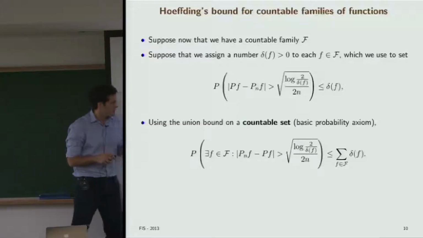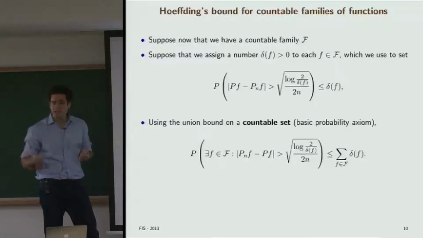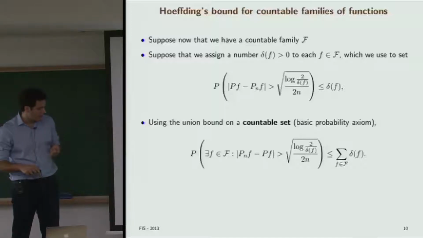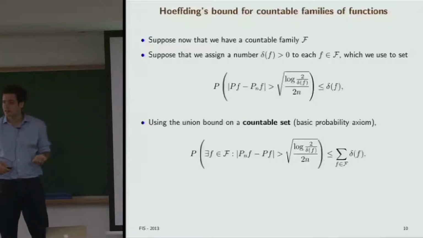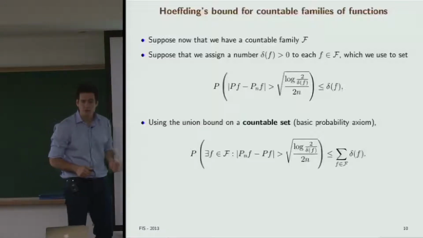So the probability that there is a deviation which is bigger than this is smaller than delta of f. So for each f, we have a quantity delta of f. Now, if we use the union bound on this, we can also directly say that the probability that there exists at least one f such that this is bigger than this is going to be just simply the sum of the delta of f. So this is, again, just simply the classical union bound that we are applying here.